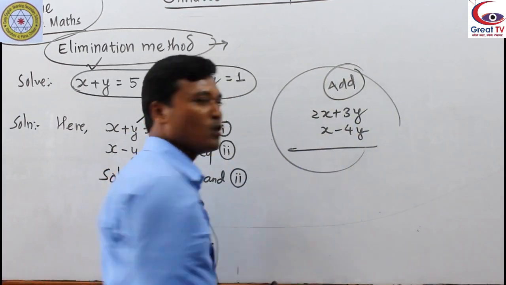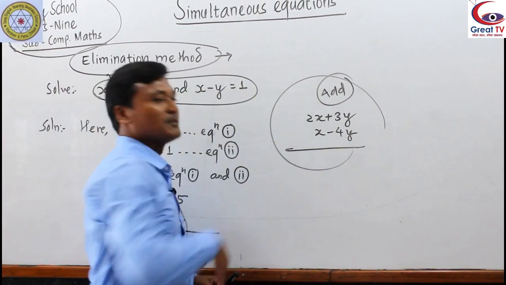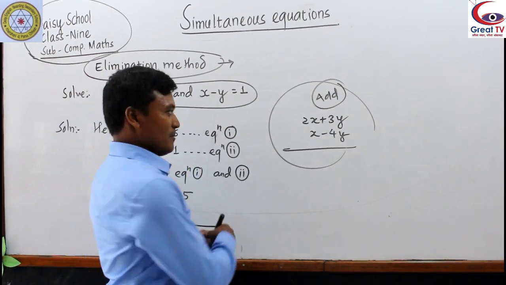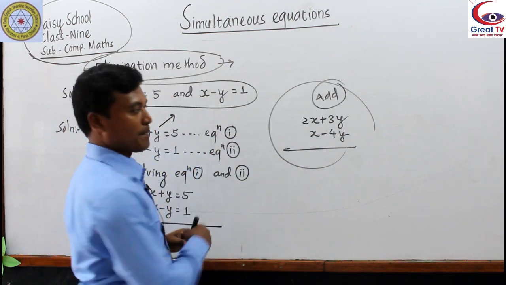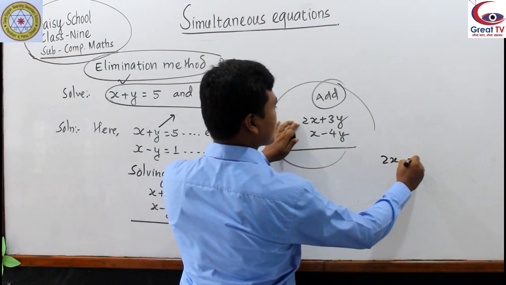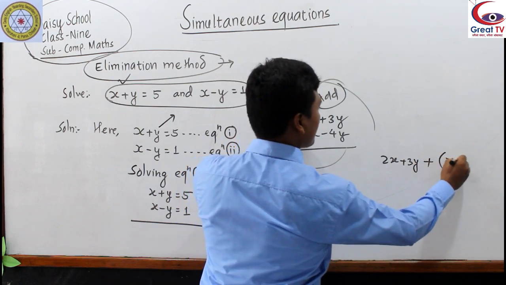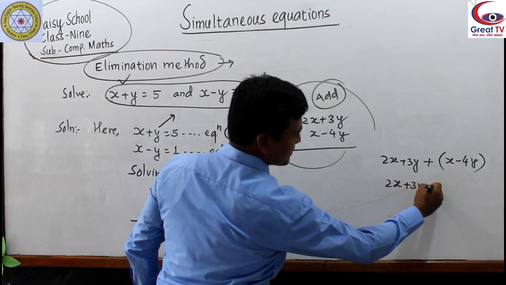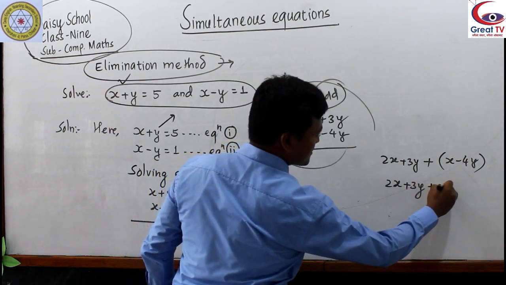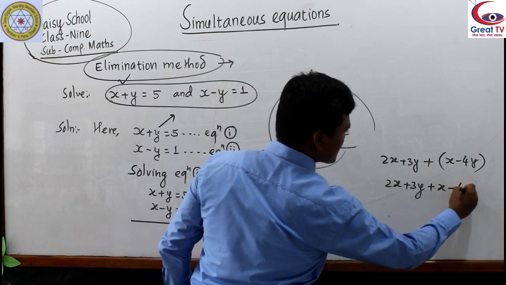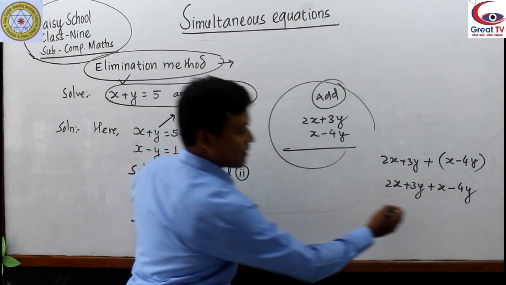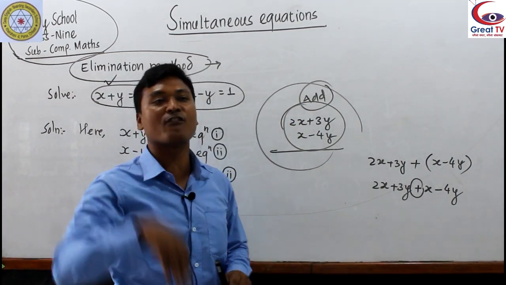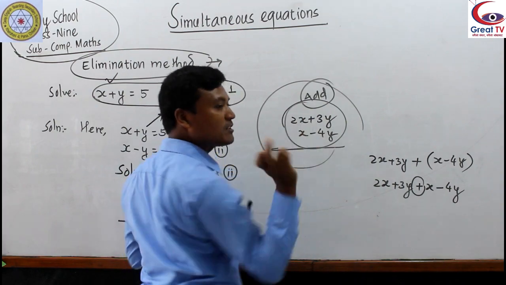When you are adding two algebraic expressions by putting them in vertical form, while adding the sign does not change, because when you add 2x plus 3y plus x minus 4y, it is 2x plus 3y plus x minus 4y. This means when we are adding these two by putting the algebraic expressions in vertical form, it's not necessary to change the sign over here.